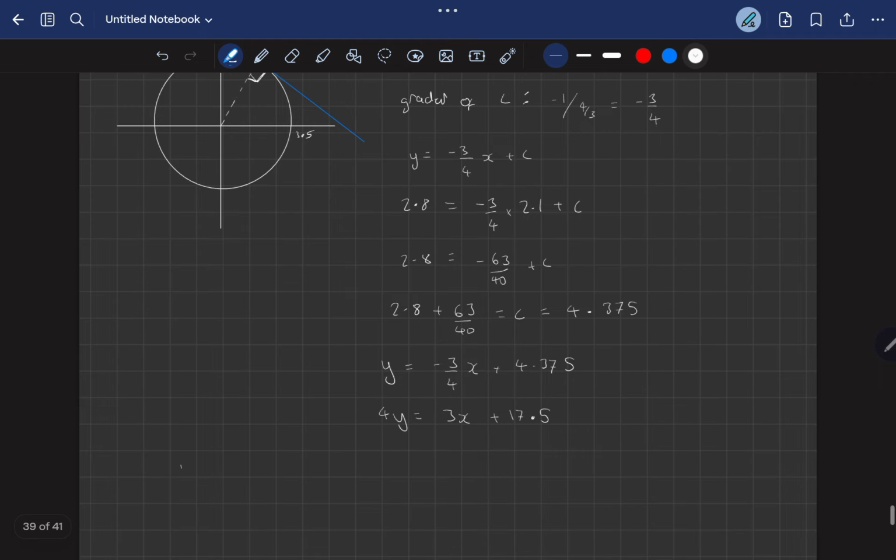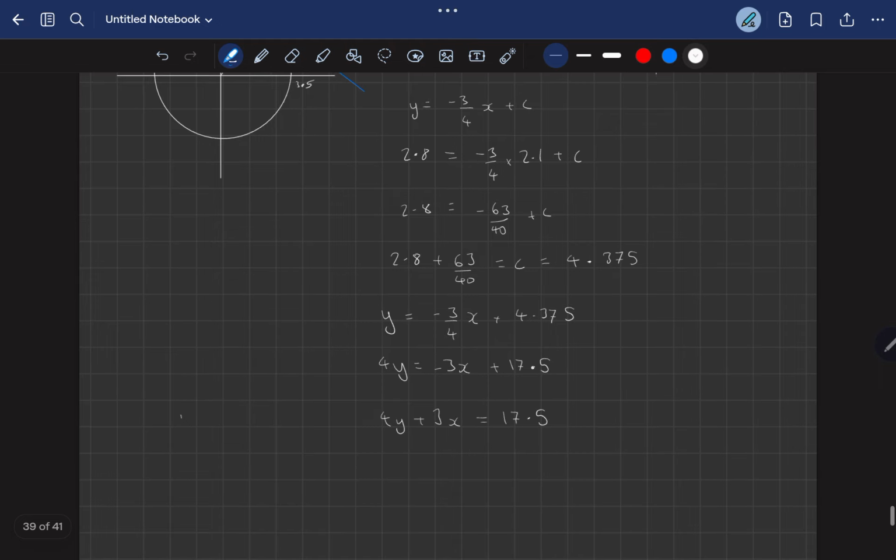Now I can add 3x to both sides. 4y plus 3x is equal to 17.5. Times everything by 2, you get 8y plus 6x is equal to 35.